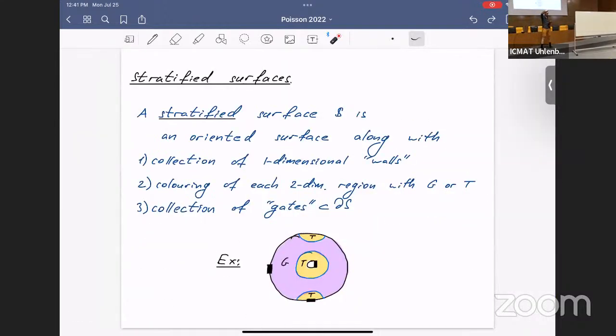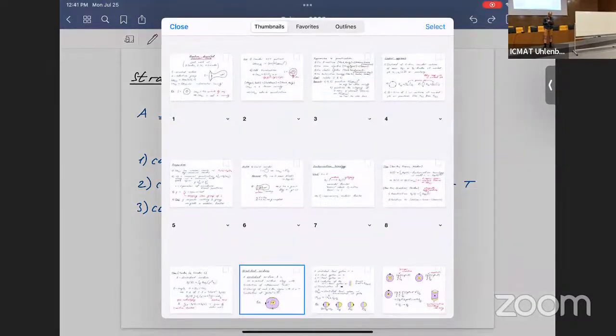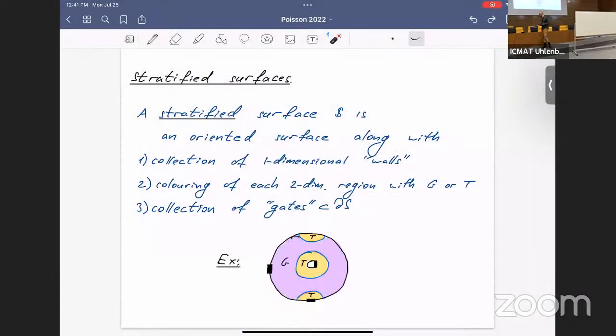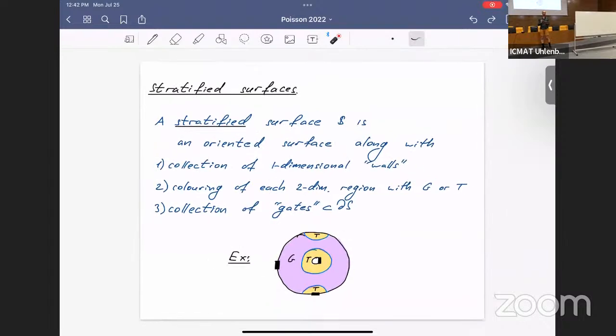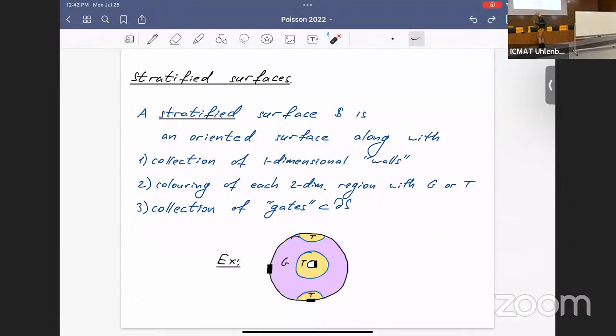So first of all, what are stratified surfaces? A stratified surface S is our old oriented surface along with the following data. First of all, I want to have one-dimensional walls inside the surface, and a wall is just an embedded circle inside the surface, or an embedded segment whose boundary points are on the boundary of the surface, like over here.